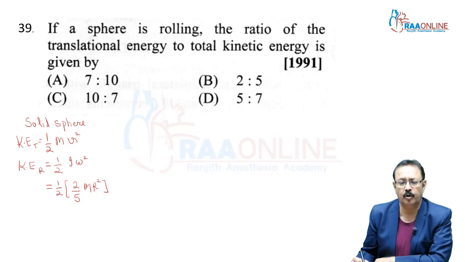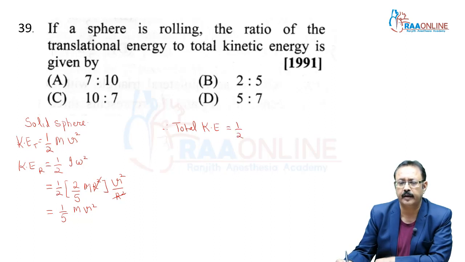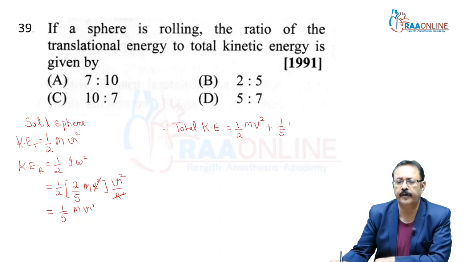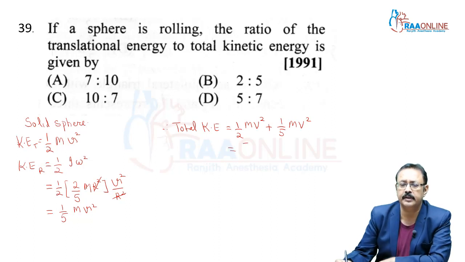What is omega? Omega is v by r. So we write v square by r square. Cancelling this with this, we get 1 by 5 mv square. So what we are getting? Total kinetic energy is half mv square plus 1 by 5 mv square, 5 plus 2, 7 by 10 mv square.